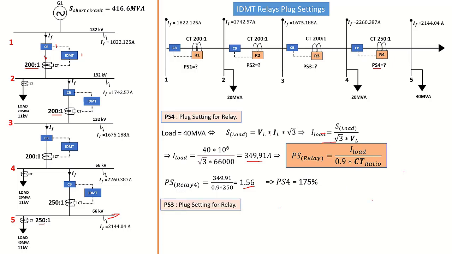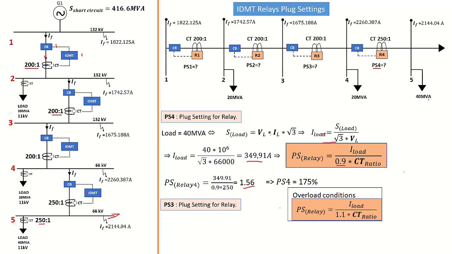Okay, now continuing to the next plug setting, that is for relay 3. Before we do that, I would like to mention again one small detail on the 0.9 here. There is a situation where the loads are motors. We all know that motors have a high starting current before the current can stabilize.